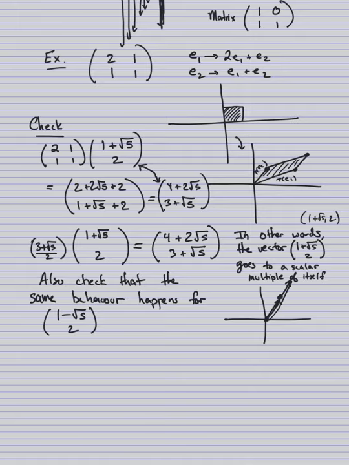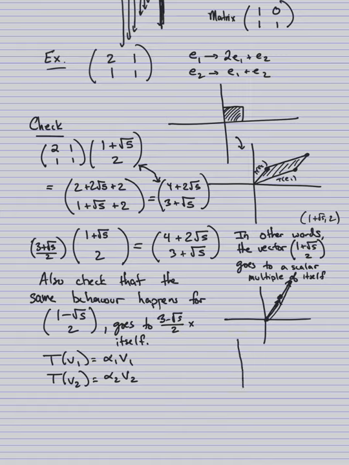Again, if you see where this goes under T, it goes to 3 minus square root of 5 over 2 times itself. Okay? So in other words, if I look at these two vectors, I get T of v1 is alpha 1 v1, and T of v2 is alpha 2 v2.